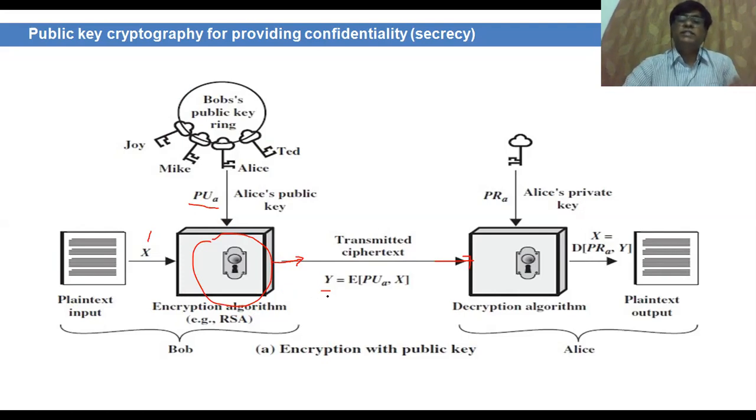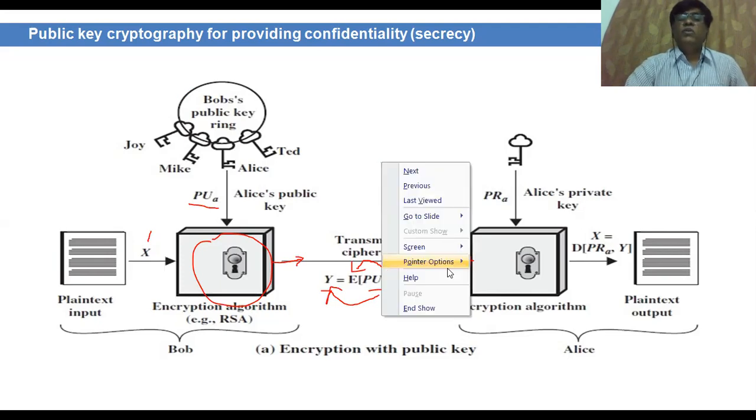So how do we get the ciphertext? Ciphertext Y is obtained by using PUA, Alice's public key, and the plain text X. By using these parameters, he encrypts the message X with the public key of Alice and generates the ciphertext.